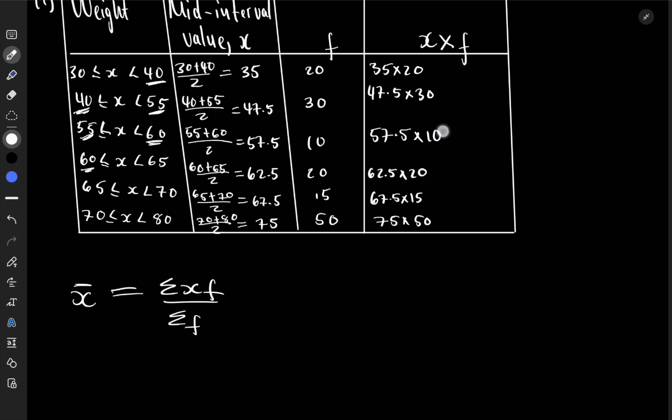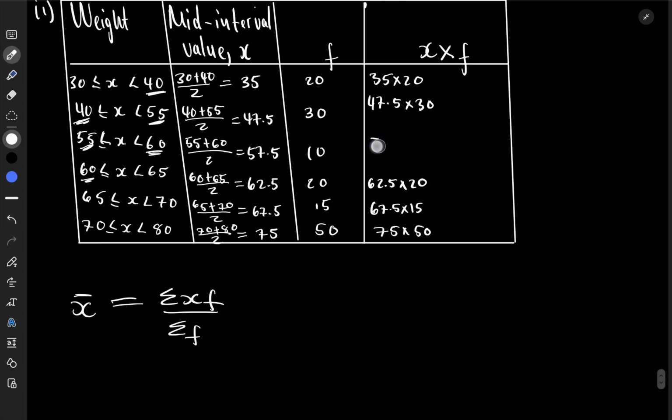Can you see my comma? It's not a grammar comma. I didn't say 57,5. That is not the comma we use in maths. It's 57, then a full stop, please. So it's 57 full stop 5, then times 10. I know this is 575.